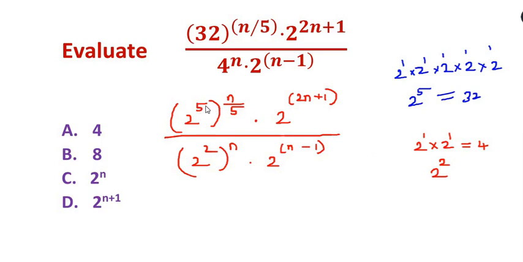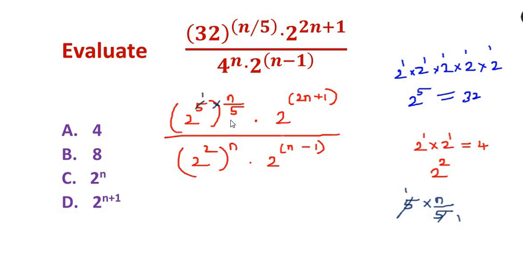Now in this case the powers get multiplied, so there is a multiplication between the powers, so it becomes 5 times n over 5. There's a multiplication of powers using the rules of indices. So here 5 divides itself and we are left with only n.